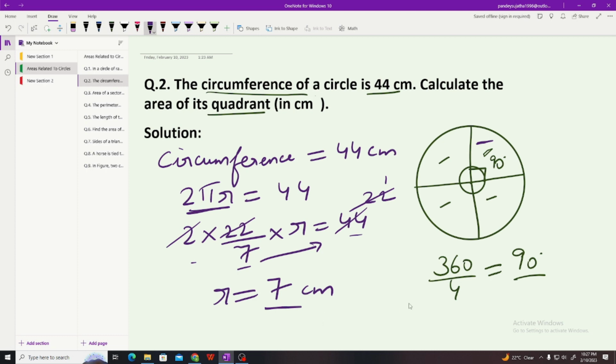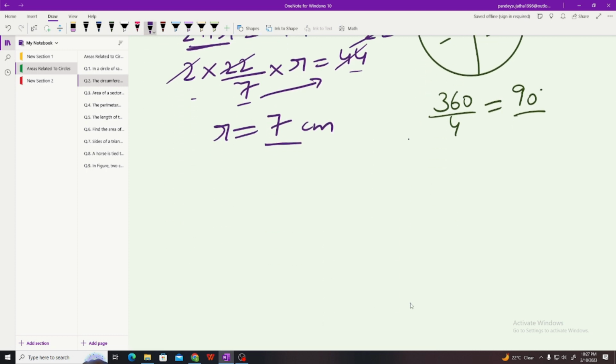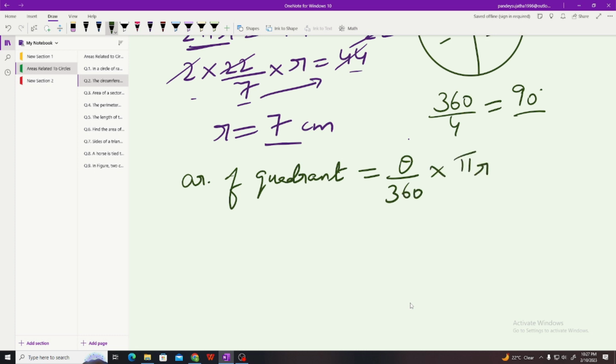So area of quadrant, which is a sector, is theta upon 360 into pi r square, where theta is 90. So for the quadrant, the theta is always 90.